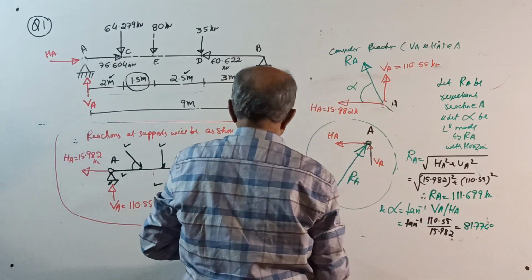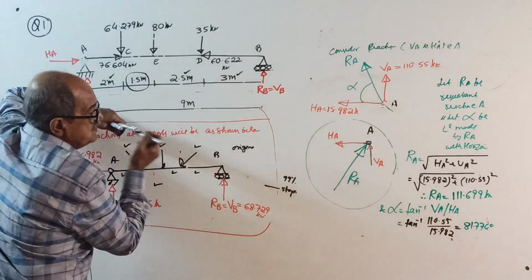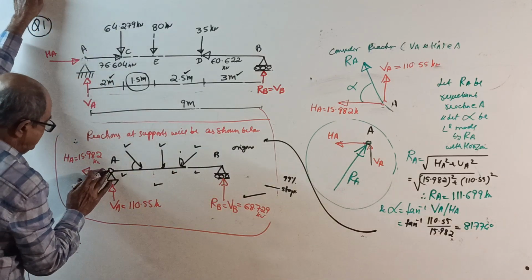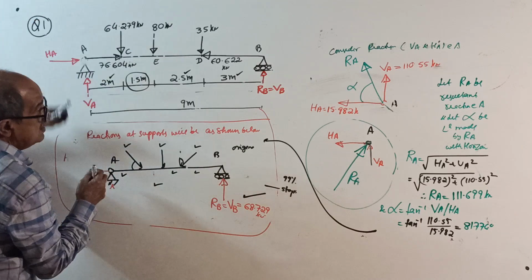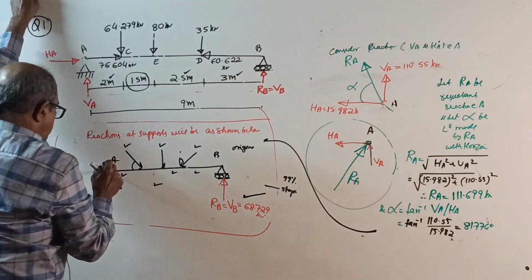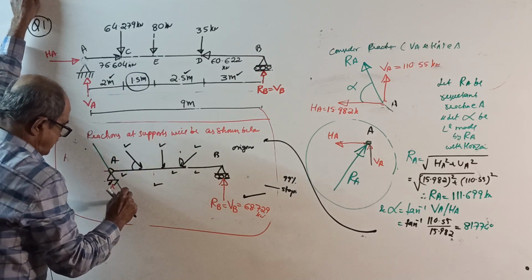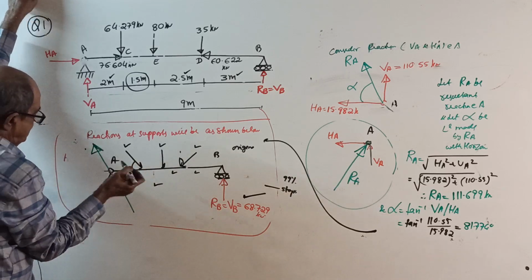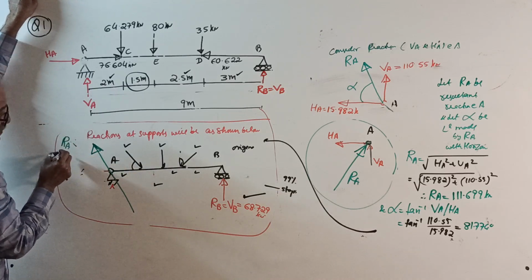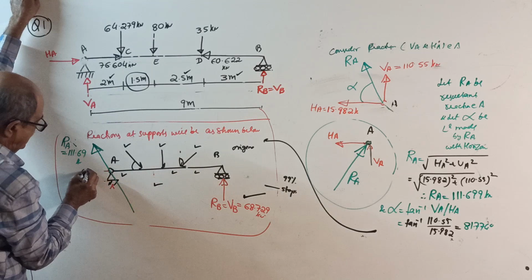You write all these. Okay, now write: therefore, reactions at support. Now the real thing. Write one more sketch now. As shown, this center as it is. Here do one thing. 111.6 kilonewton.